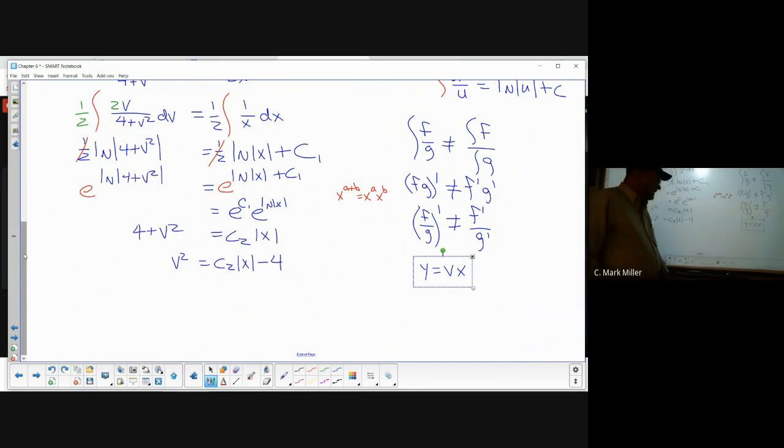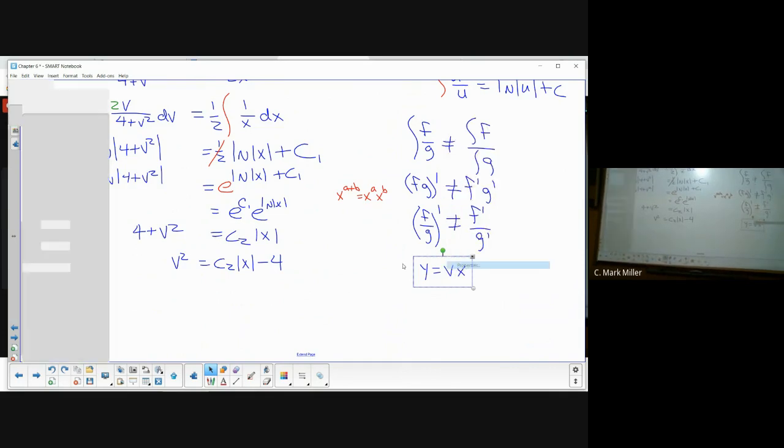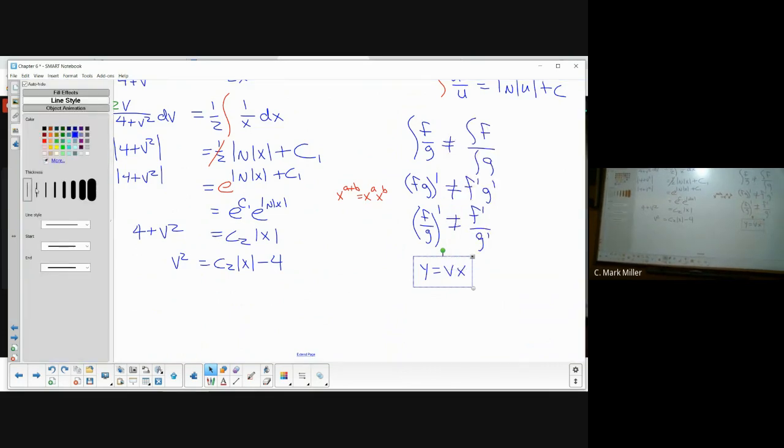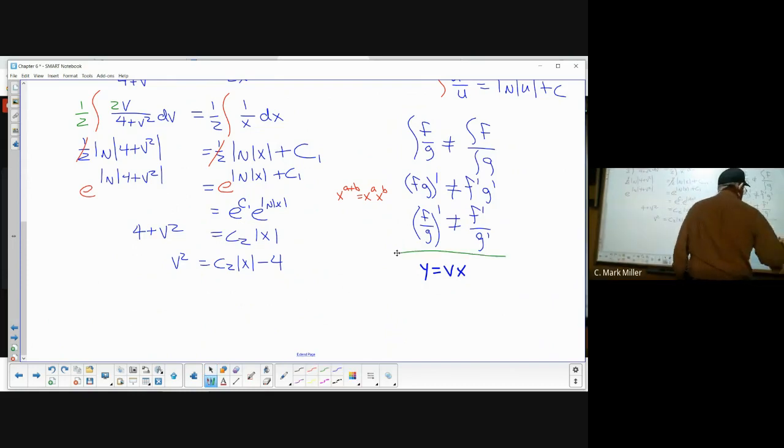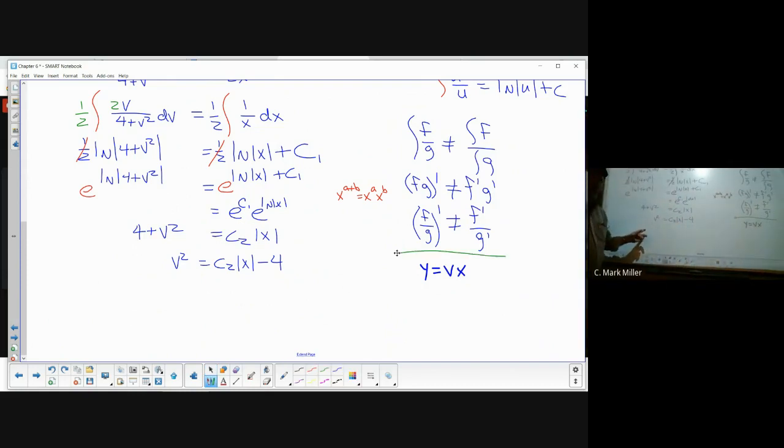Now this part here, I'm even going to play with. This is important. This is a different step. What do we have to get rid of over here? The v, not the x.